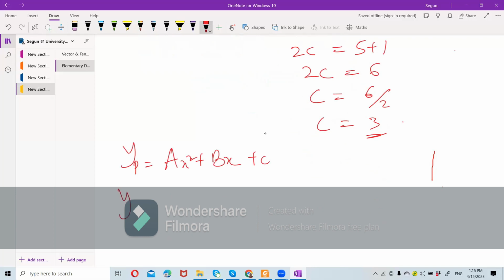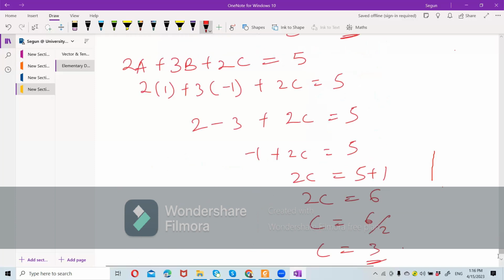So now yp equals what? A is 1. Substitute 1 for x squared, plus b, b is minus 1, times x, plus c equals 3. So at the end of the day, you have x squared minus x plus 3. That's yp.